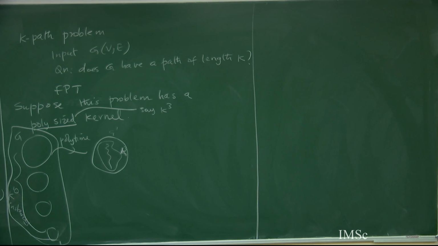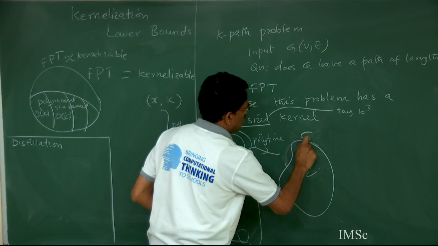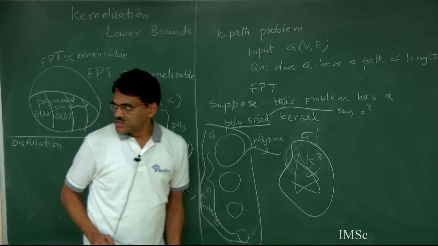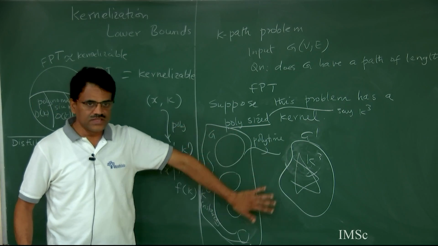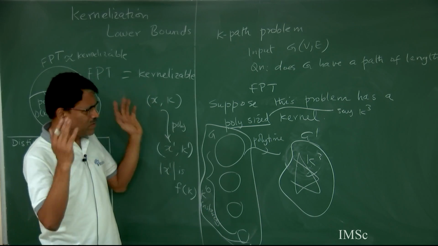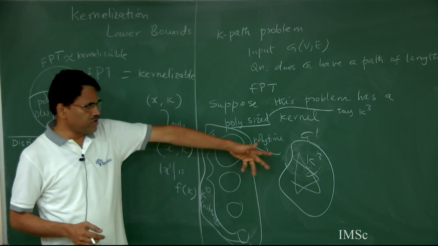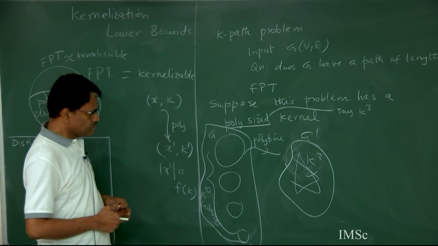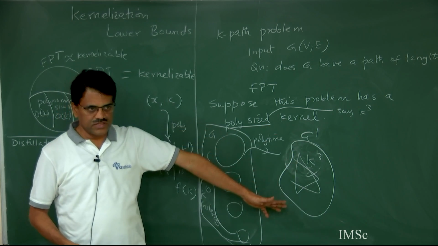So, if I apply the kernel algorithm, I will get another G prime of size k cubed, right, such that this graph has a path of length k if and only if this graph has a path of length k. That is what kernelization means. I spent polynomial time, do not worry about it, but I have compressed it to a graph on some k cubed vertices and edges, such that this big graph has a path of length k if and only if this graph has a path of length k.